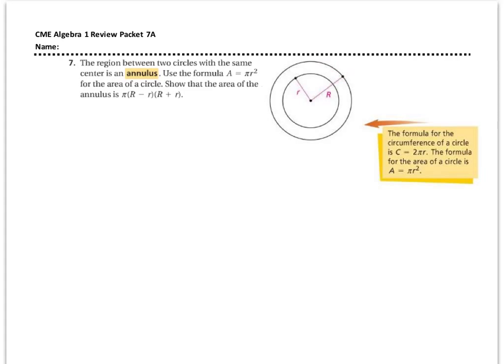Okay. Well, actually, let's find the area of the bigger one. That's pi times R squared, right? What's the area of the smaller one? It's pi times r squared, right? And then what do you do after that?